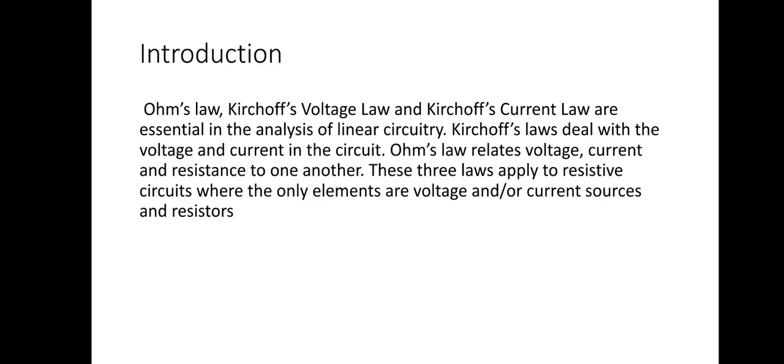For example, at 60 hertz, the power line frequency in the US, lambda is equal to 3 times 10 to the power of 8 meters per second divided by 60.